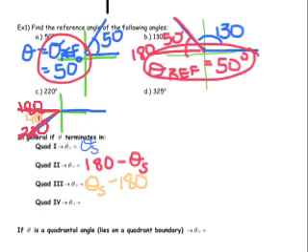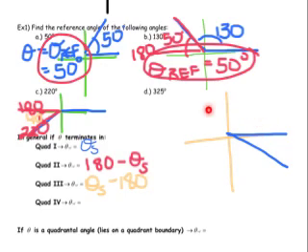Alright, and then finally 325 degrees. So draw your coordinate graph. 325, we're in quadrant 4, so that's right here. Keep in mind, this is what 325 degrees is. That's by no means acute.